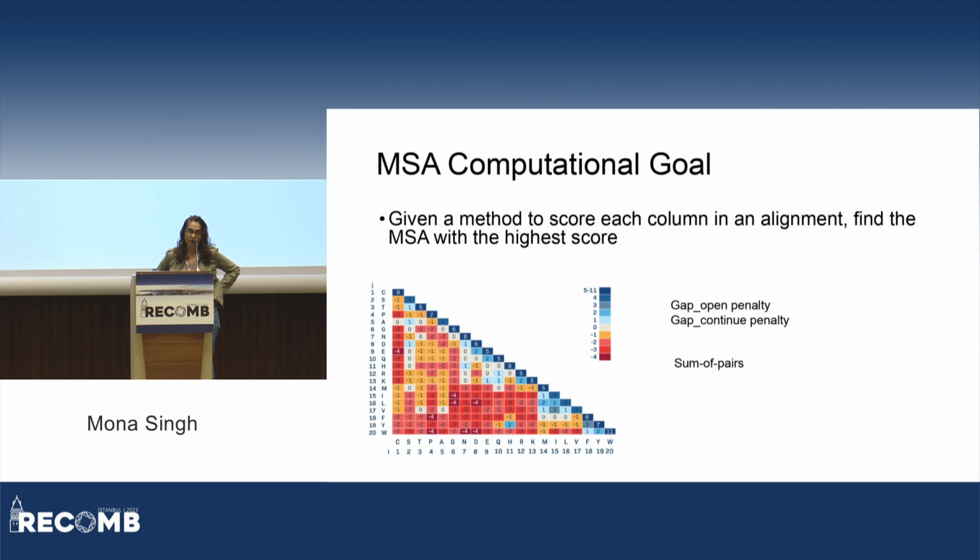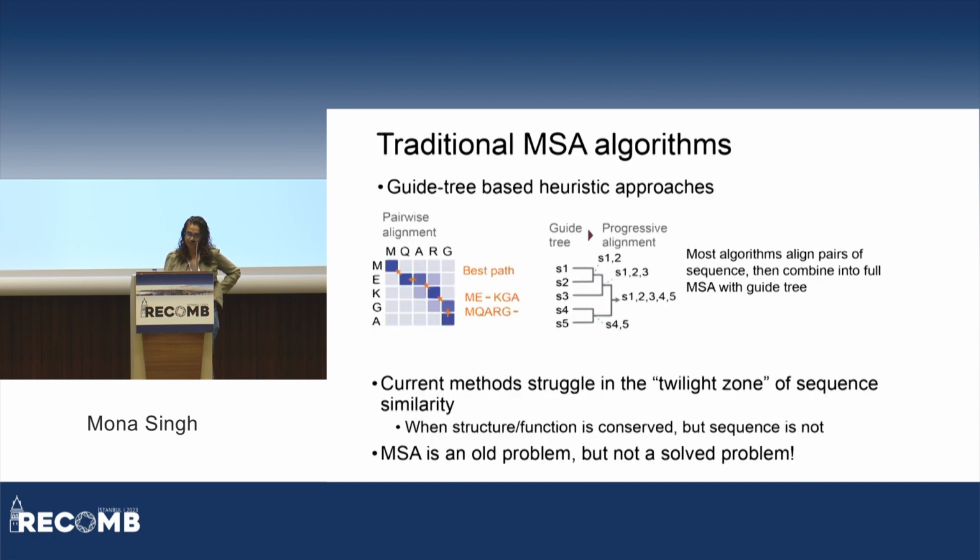Typically, the scoring scheme uses a substitution matrix, which represents the similarity between amino acids, empirically estimated by looking at lots of aligned sequences. You have an example of a substitution matrix up there. Then you also have some kind of penalty you pay for gaps, and you score each column using a sum of pairs score.